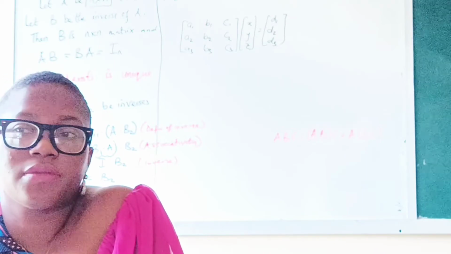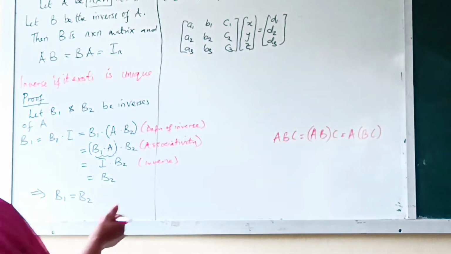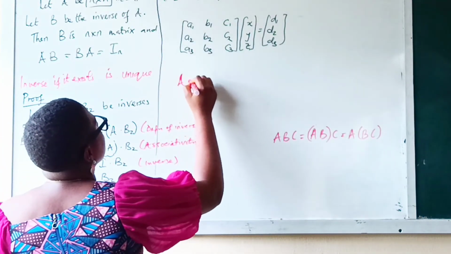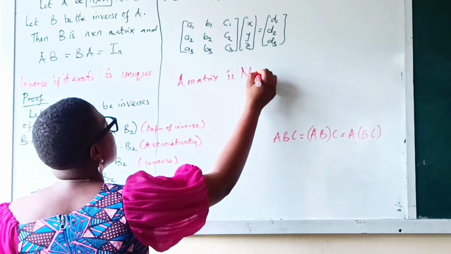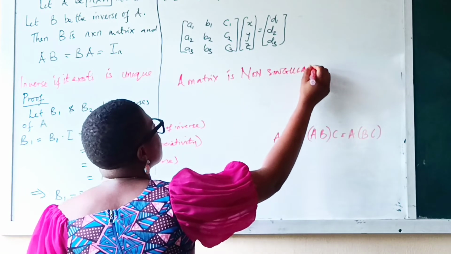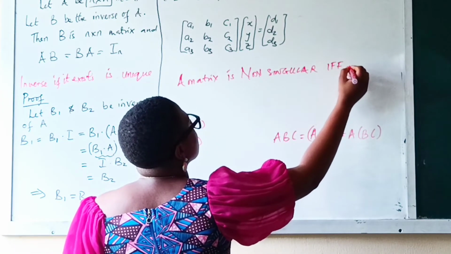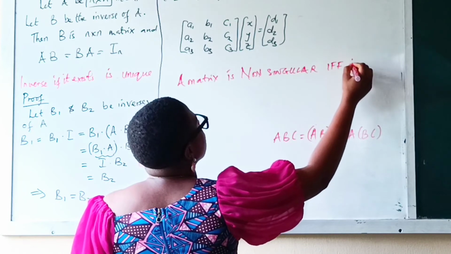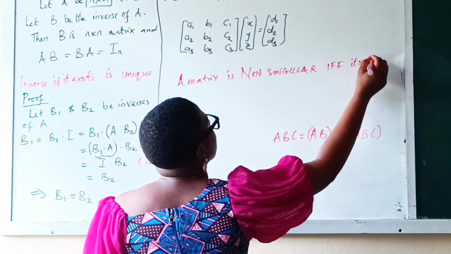You better write it too. A matrix is non-singular. This is the definition, so you don't need to prove it. If and only if its inverse exists.